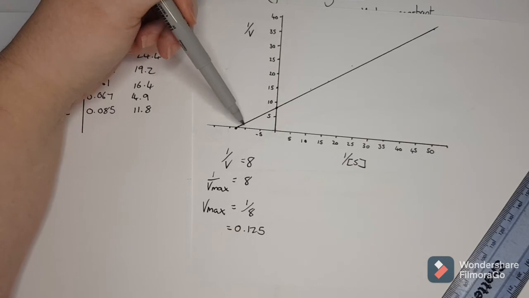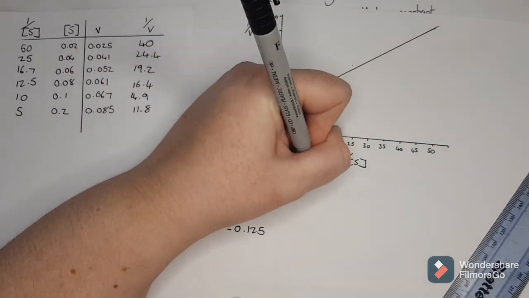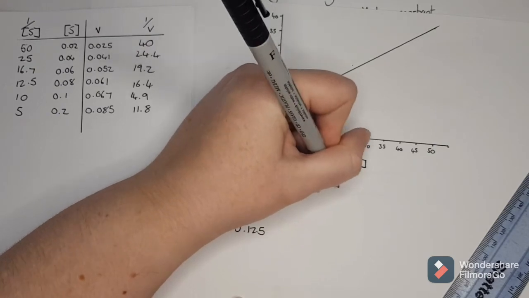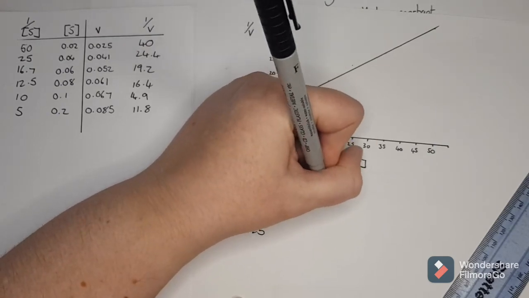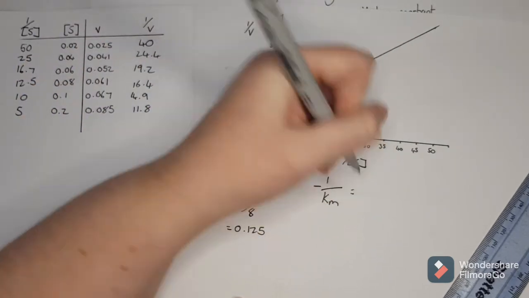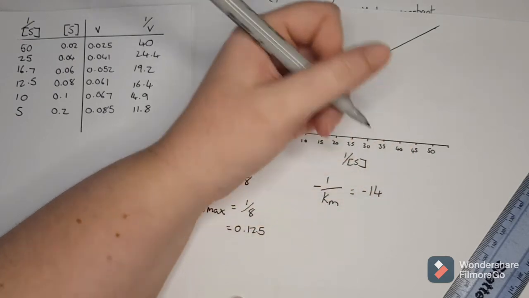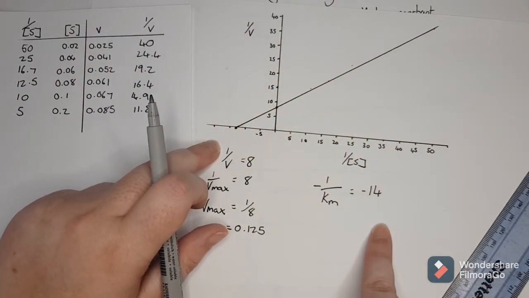Then I can do the exact same thing with my x-intercept, but just note that that's going to be on the negative side. So negative 1 over the Km from the x-axis is going to equal negative 14 for my intercept on the x-axis.